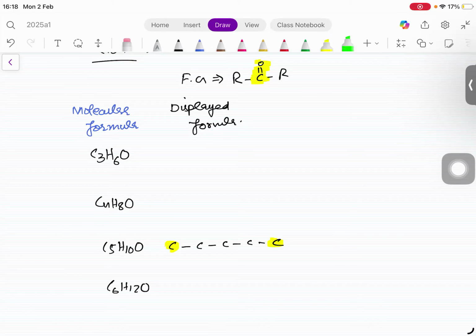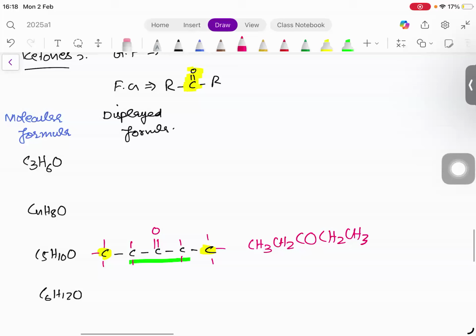I can put it on any of these 3 carbons, so it will be a ketone. So let me put it right in the middle. Here it is. बाकी तो उसी तरह hydrogens we are going to fill up. The structure would be CH3, CH2, CO, just like carbon monoxide, and then CH2, CH3. And then 1, 2, 3, 4, 5 carbon, and carbon number 3 contains double bond O.